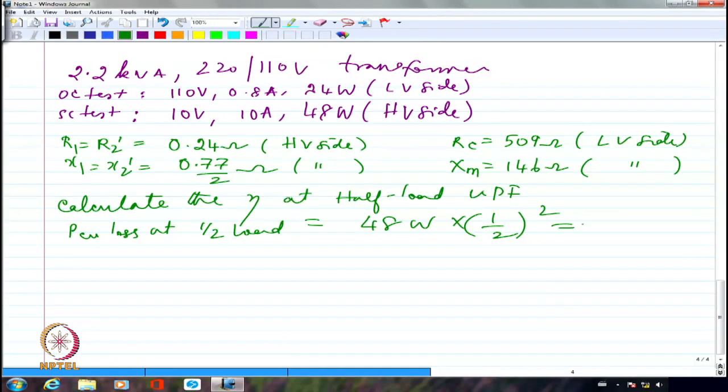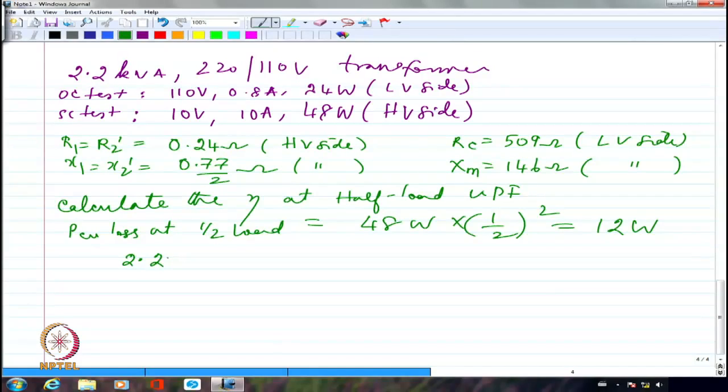So that will be essentially 12 watts. If it is unity power factor, this will be 2.2 kVA multiplied by half, that is the output, multiplied by unity power factor.